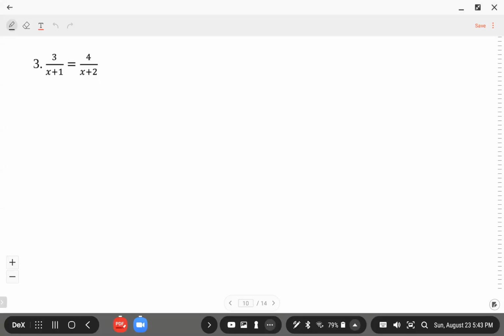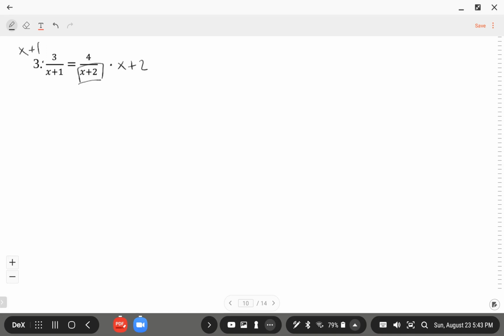So we have two fractions here, right? And how do we get rid of fractions again? We have to multiply by them. So to get rid of x plus 2, multiply by x plus 2 on both sides. And then to get rid of x plus 1, just multiply by x plus 1 on both sides.